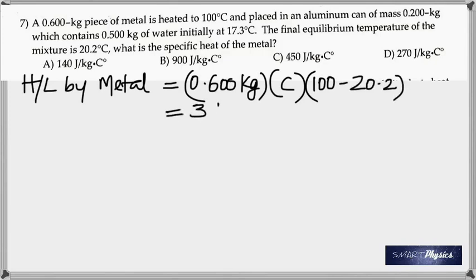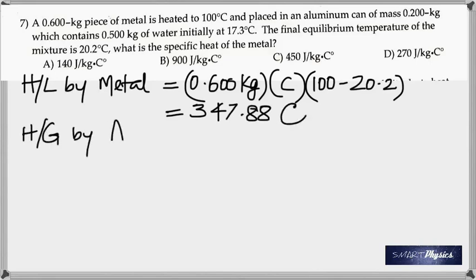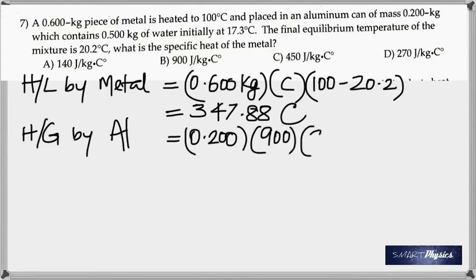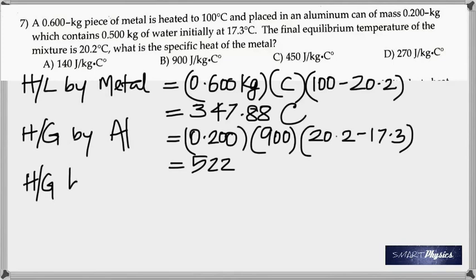Why? Because it started at 100 and the final temperature was 20.2. So here what you see is not Celsius, it's C, the unknown quantity C. Okay. Now heat gained by aluminum, the mass, and the specific heat of aluminum is 900, and it's 20.2 minus 17.3. Okay. Next, the heat gained by water.